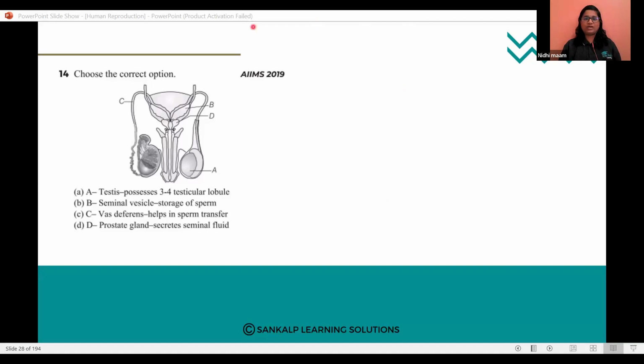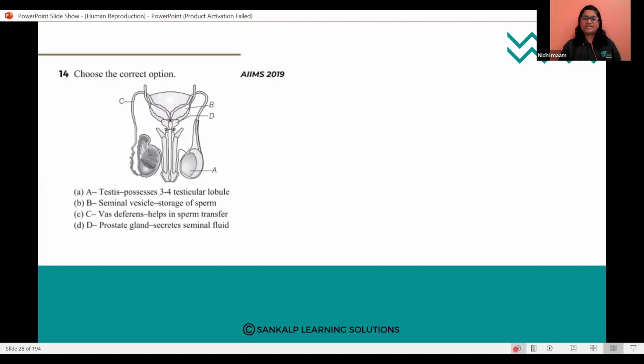Okay. Testis possesses 3 to 4 testicular lobules. Seminal vesicle is not a storage of sperm. Epididymis is the storage of sperm. Okay, right. So B. Gowda also answered it. Let us check the answer. Who is right?